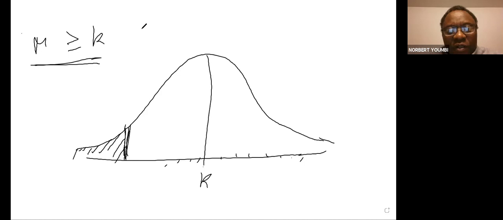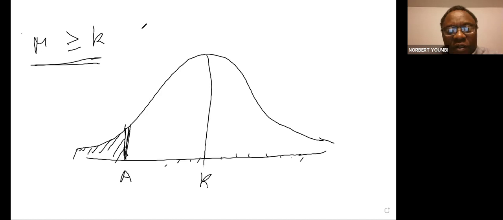But if we move below k until we reach below a certain value A that we will call Z, or the critical value, we will say that it is too small to be consistent with the null hypothesis, and we will reject the null hypothesis. This is the general idea behind testing hypothesis.